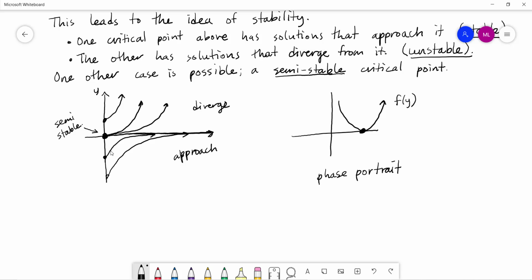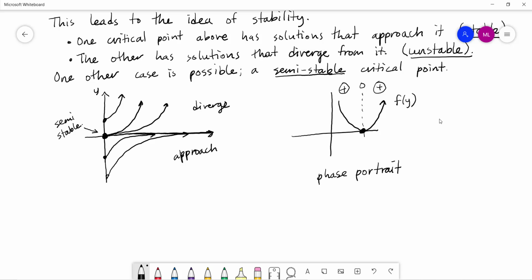So it's 0 at that point, but it's positive on this side, and positive on this side. This is the type of situation where you get a semi-stable critical point, where it goes from positive down to 0 back to positive, or alternatively from negative to 0 back to negative, without actually crossing from negative to positive or positive to negative.